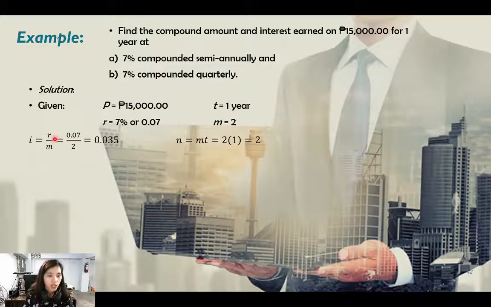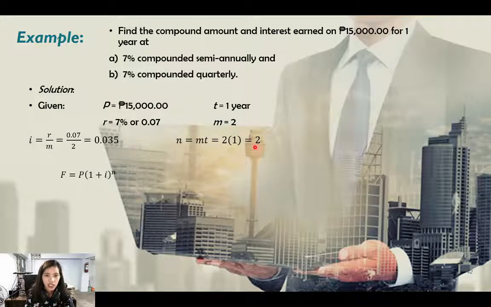So, R divided by M, 0.07 divided by 2 is equal to 0.035. And for the total number of conversion periods, we're going to multiply M and the time. Ito pala, M. 2 times 1 is equal to 2.